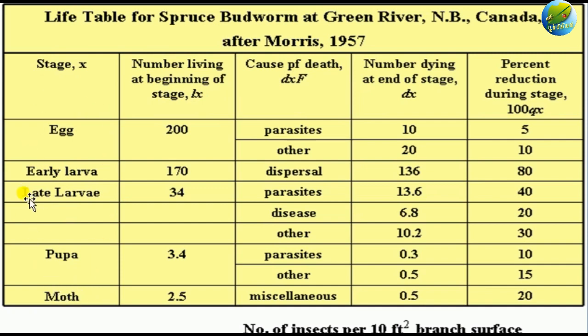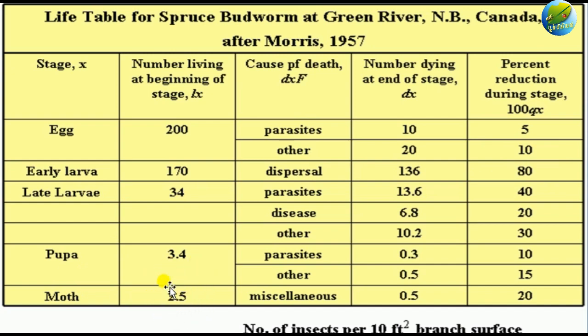The number living at the beginning, that is lx, is given here. In the case of early larva, 170 early larvae were alive at the beginning, and the number dying by the end of the stage was 136, which is around 80% mortality. The reason was dispersal. For the moth, there were 2.5 moths at the beginning. 2.5 is the average number.